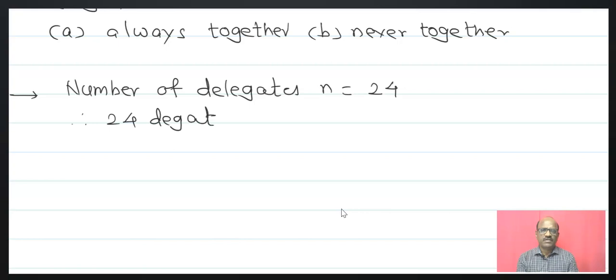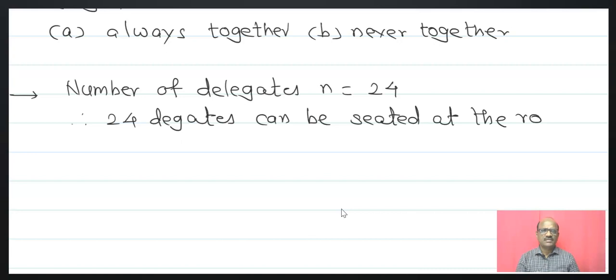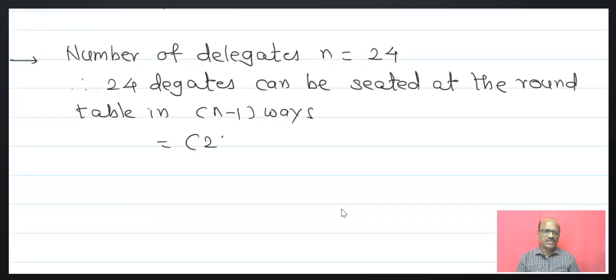Therefore, 24 delegates can be seated at the round table in n minus 1 ways, that is 24 minus 1 ways.